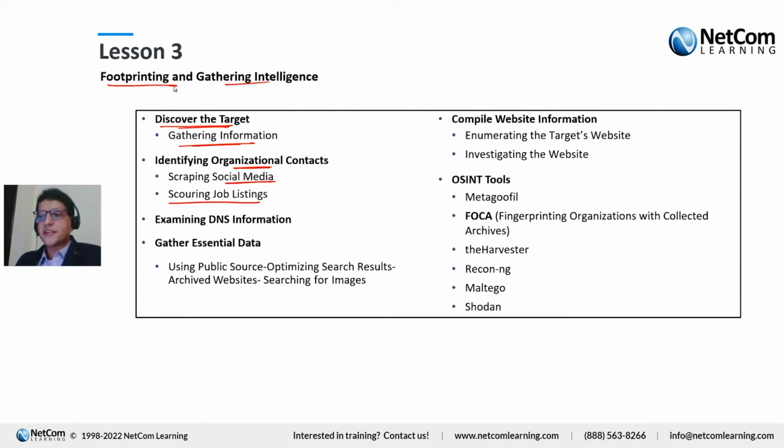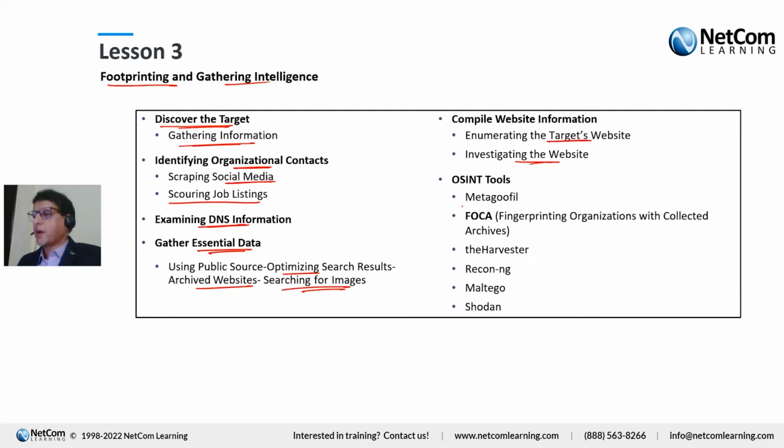So examining DNS information: you're going to check some information from DNS, gather essential data. You can use public source optimized search results, like archive.org, the Wayback Machine, search for images, and then compile website information. So how do you get the information from the target's website using HTTrack and all those things, investigating the website.